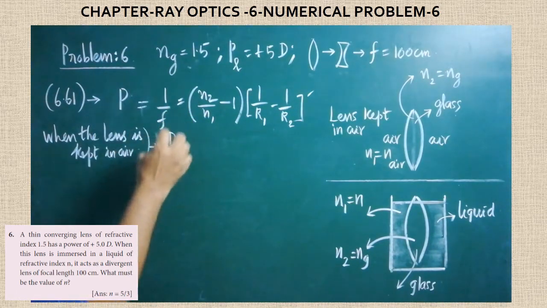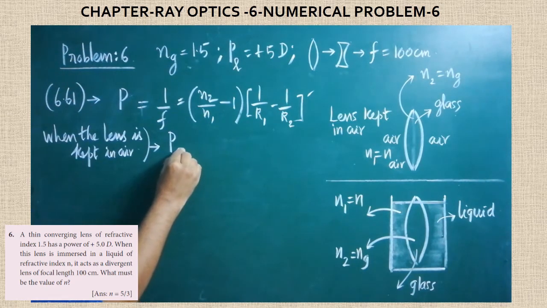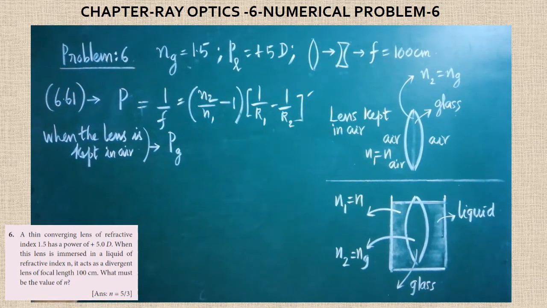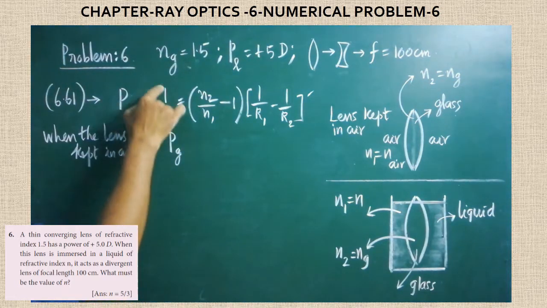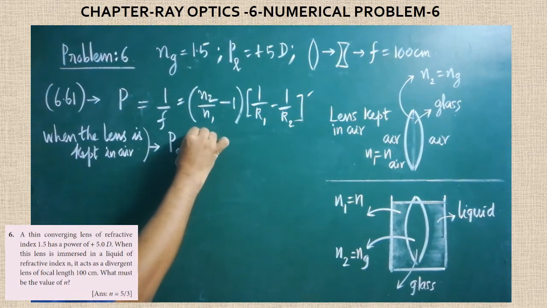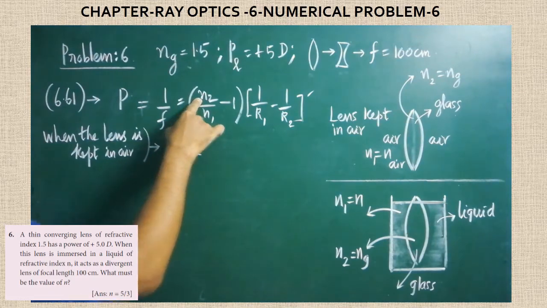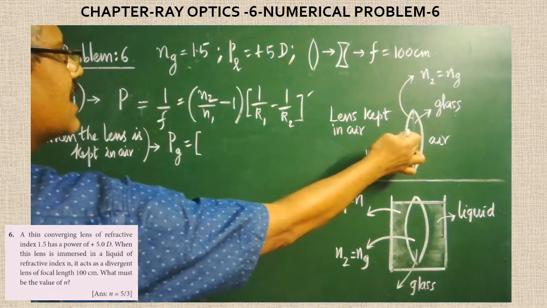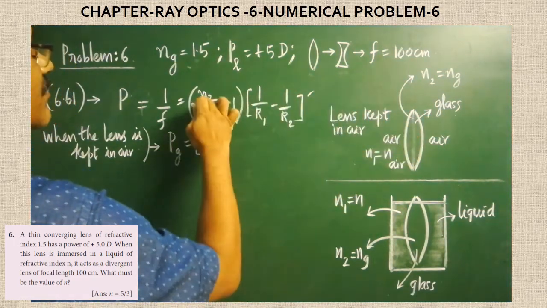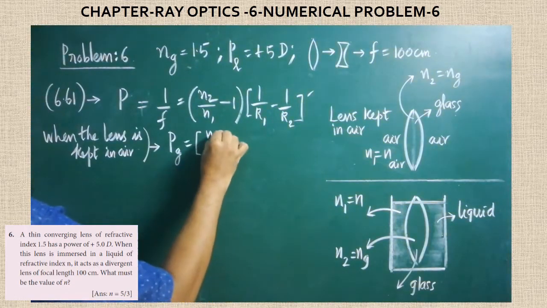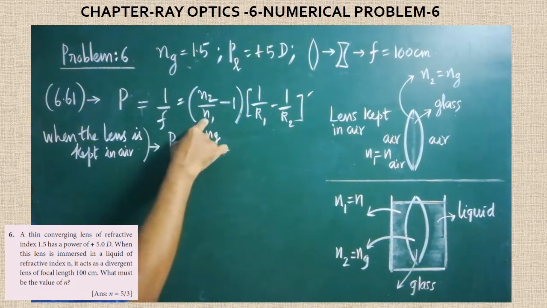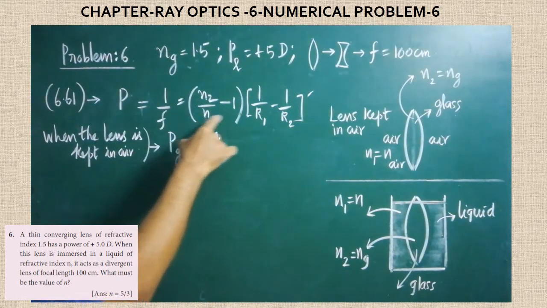The power of the lens can be written as Pg, power of the glass lens. Therefore, you need not write this step. Directly you can write: what is n2? n2 means the second medium, glass. Therefore, instead of n2, we can write Ng divided by n1. n1 means the refractive index of the first medium.